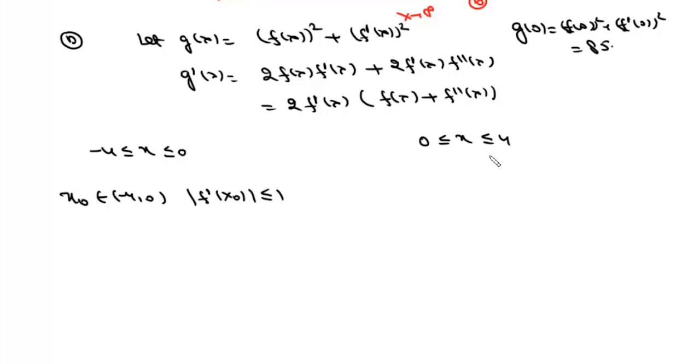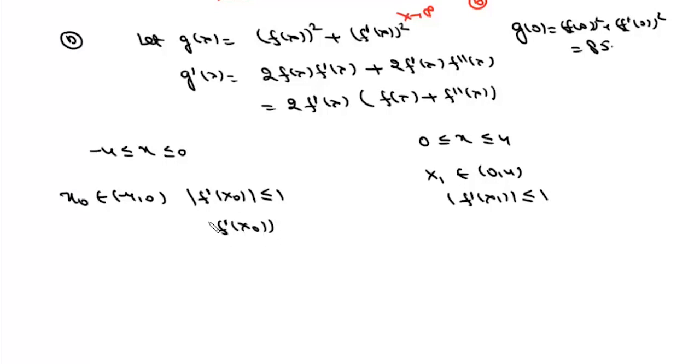In the same way, we can prove it from 0 to 4 also. So here we'll get some x1 lying between 0 and 4 such that f'(x1) is less than or equal to 1.